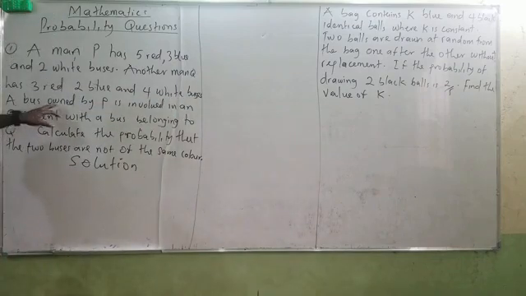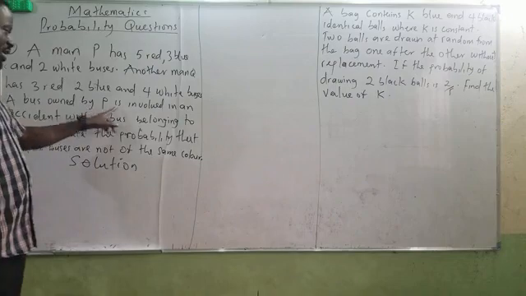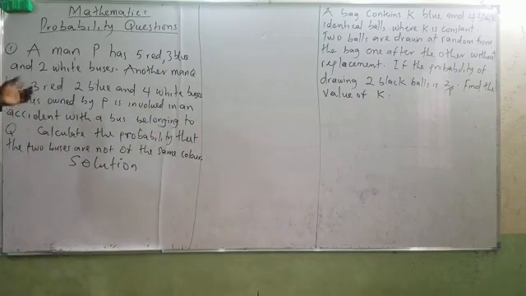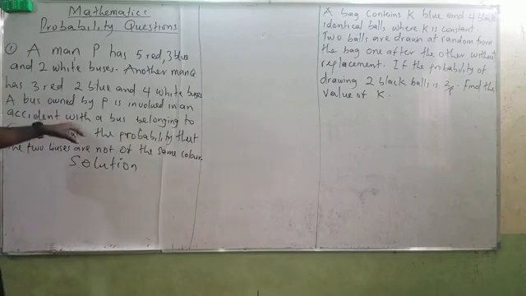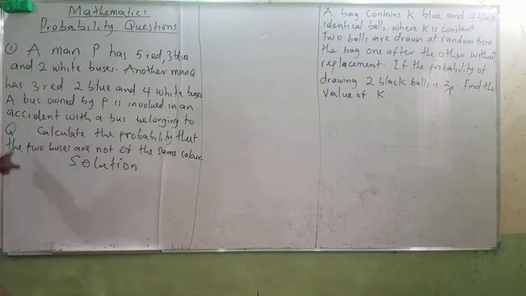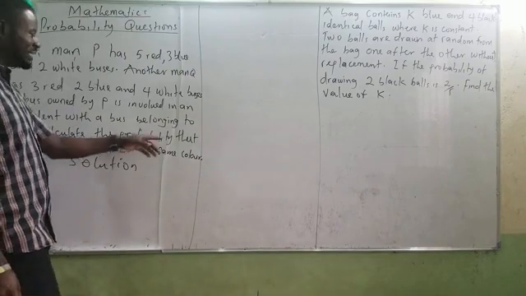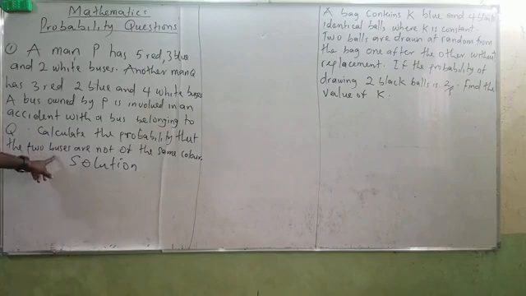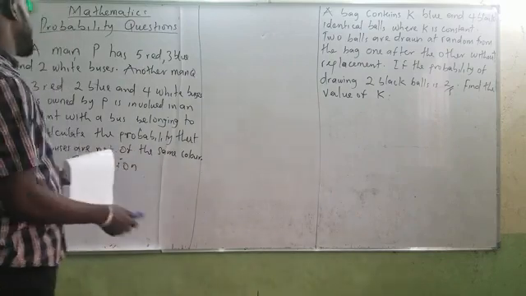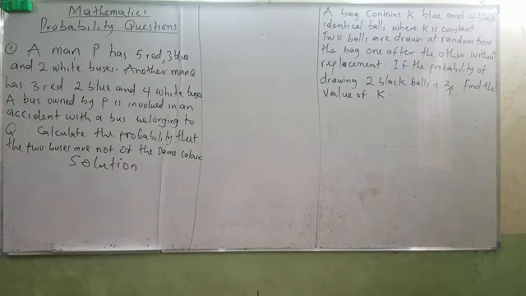A bus owned by P is involved in an accident with a bus belonging to Q. Calculate the probability that the 2 buses are not of the same color.